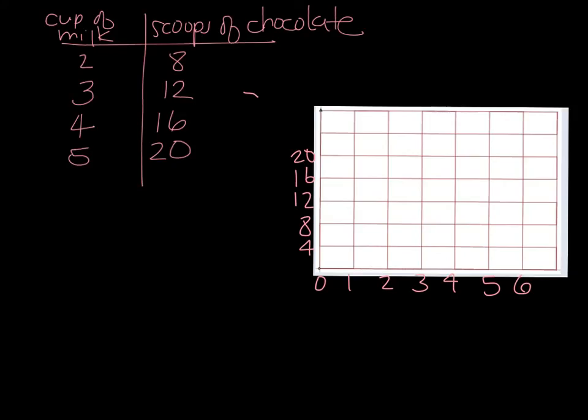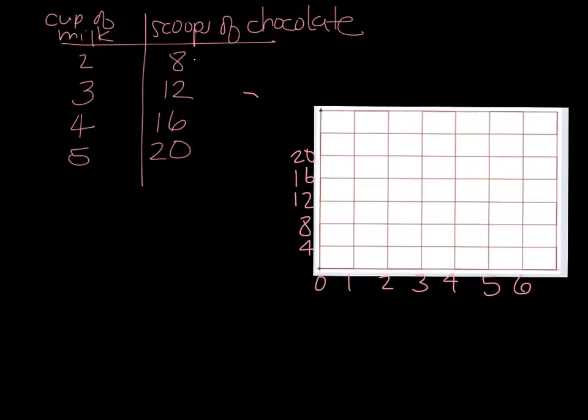Okay, today we're talking about cups of milk to scoops of chocolate. So if you look at my table, 8 scoops of chocolate takes 2 cups of milk. 3 cups of milk, I need 12 scoops of chocolate. 4 cups of milk, I need 16 scoops of chocolate, and so forth. Since you know the slope already, let's see what the slope is.